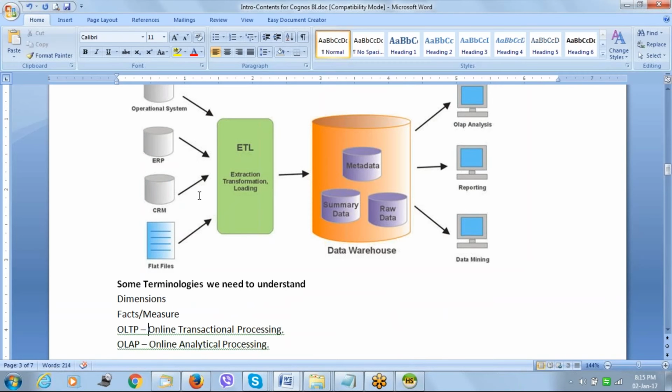CRM is customer relationship management. What is customer relationship? Just for example, if you have a beauty parlor, there will be a lot of customers.